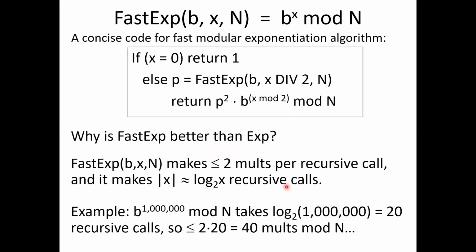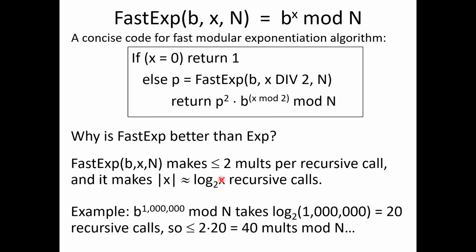Now, this algorithm is much faster, right? Because how many recursive calls does it make? Well, it's not hard to see that every time it makes a recursive call, it slashes x by a factor of 2. Therefore, the total number of recursive calls is log base 2 of x.